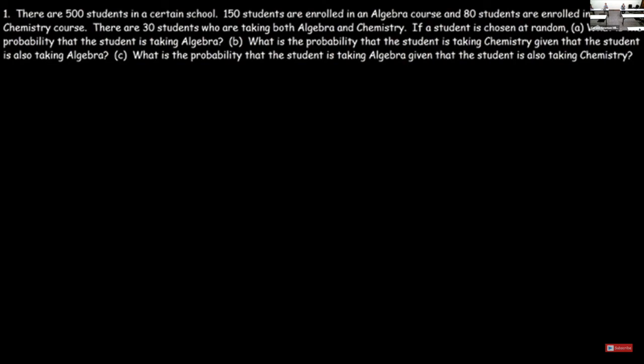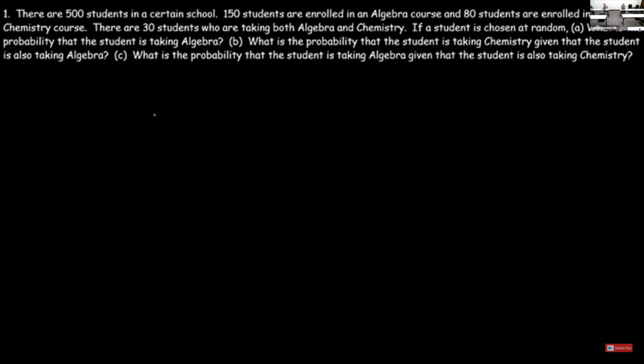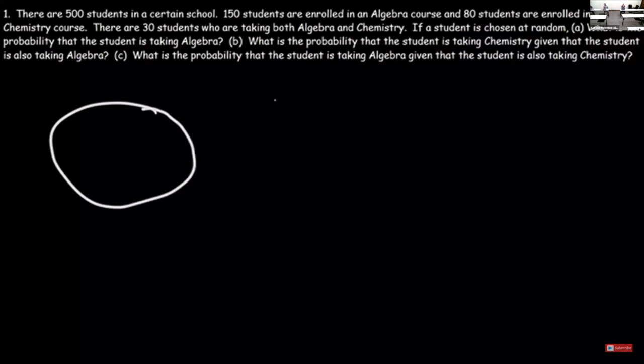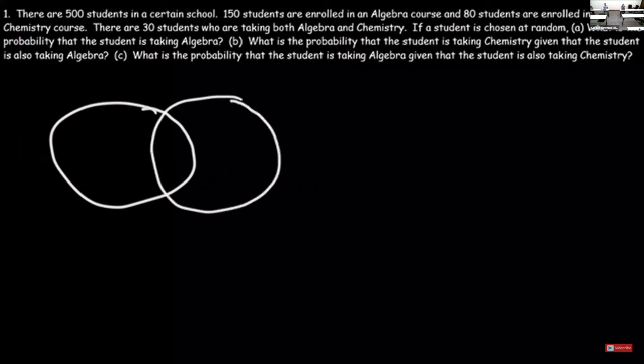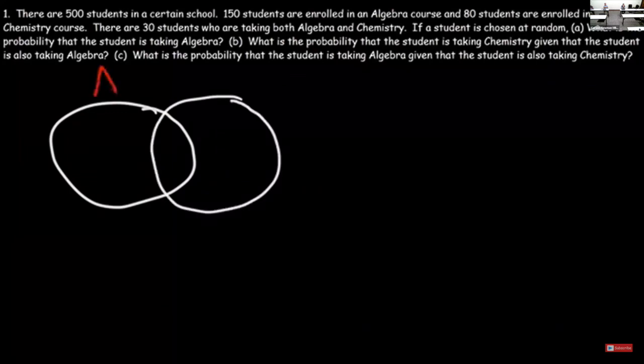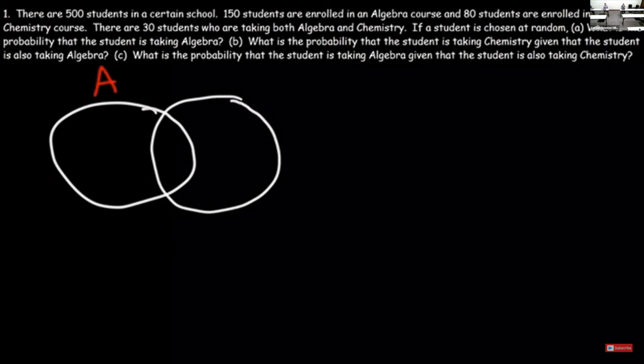Before we begin, let's draw a Venn diagram. So we're going to draw 2 circles with the circles intersecting each other. Let's put A for algebra and C for chemistry.